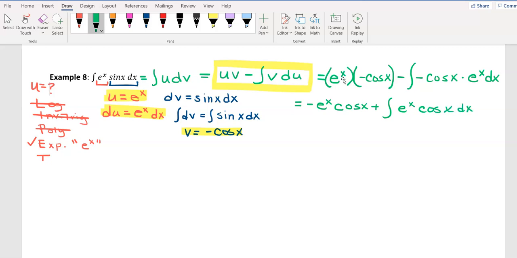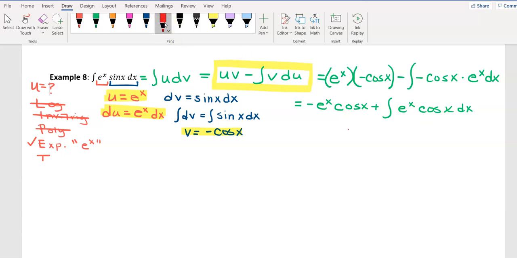Now, unfortunately, in all of the ones that we've done so far, we haven't really had to do much beyond u substitution or w substitution to really simplify this remaining integral. But unfortunately, if you notice, we still are dealing with two very different types of functions. We're dealing with an exponential and then a trig. So we are going to have to do by parts again.